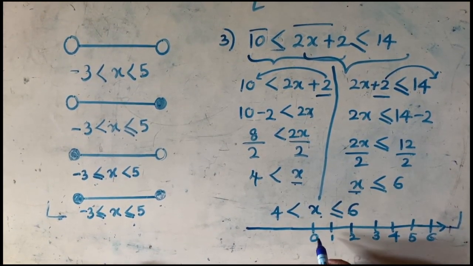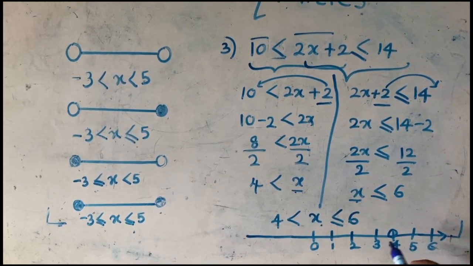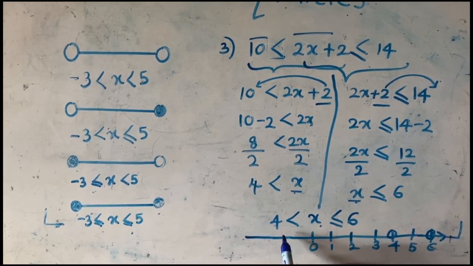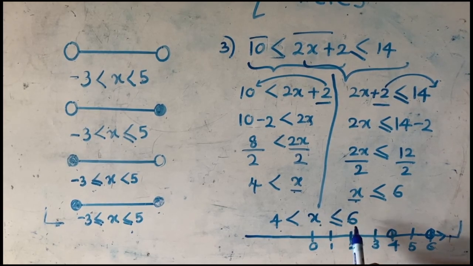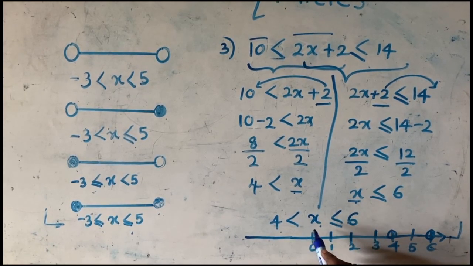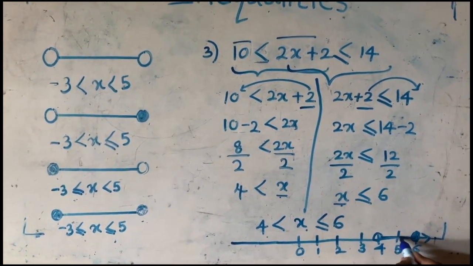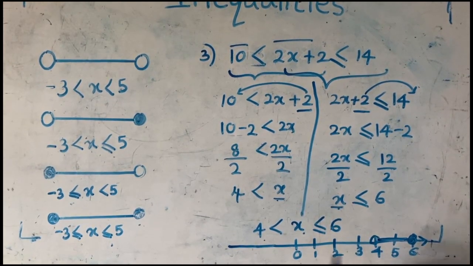Then x here is 4, here is 6. 4 is less than x and x is less than or equal to 6, and the equal sign is there.